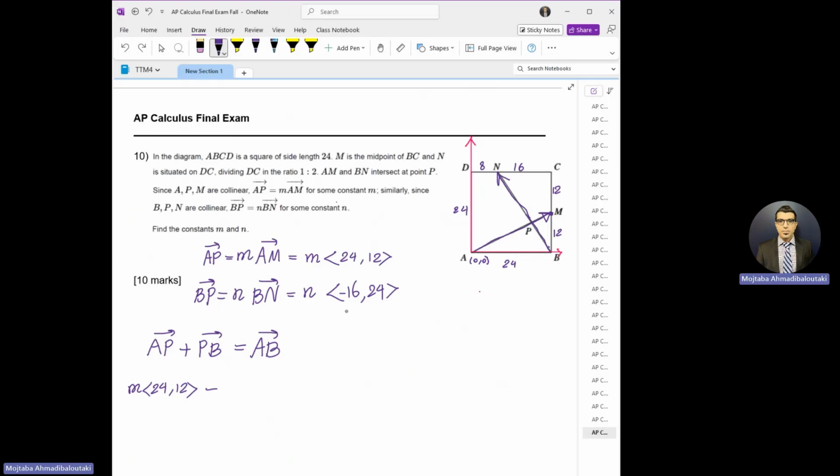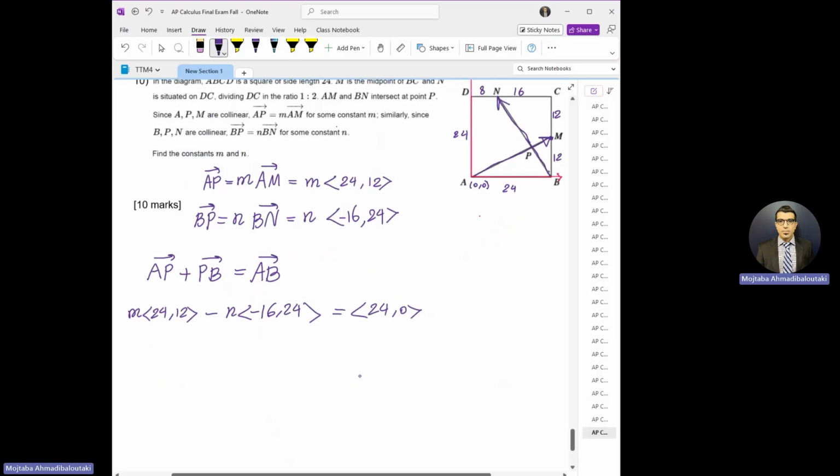Does it make sense? And then n times this vector representation that we have, minus 16 and 24. So this equals AB, and AB is an easy vector for us. Its information is 24 in the x direction and 0 in the y direction. There you go. So now we have a relationship between these two.